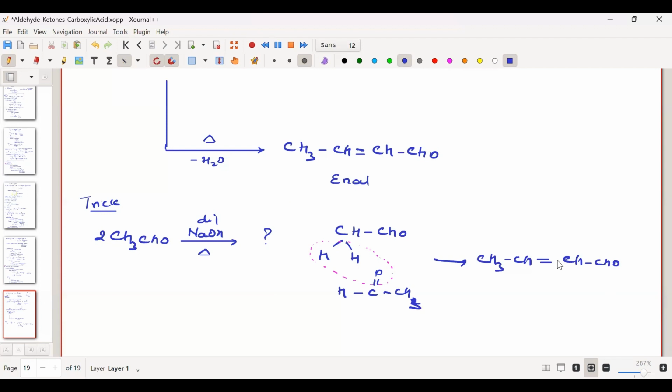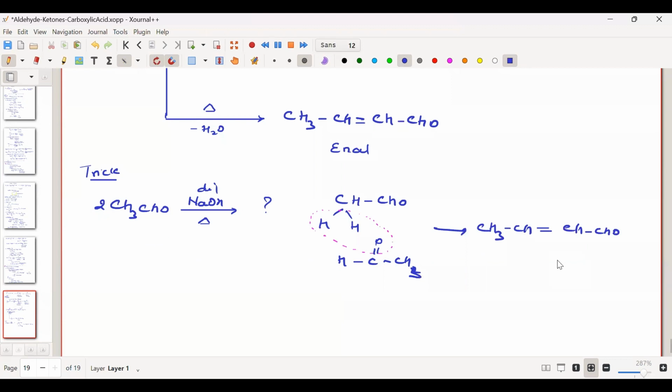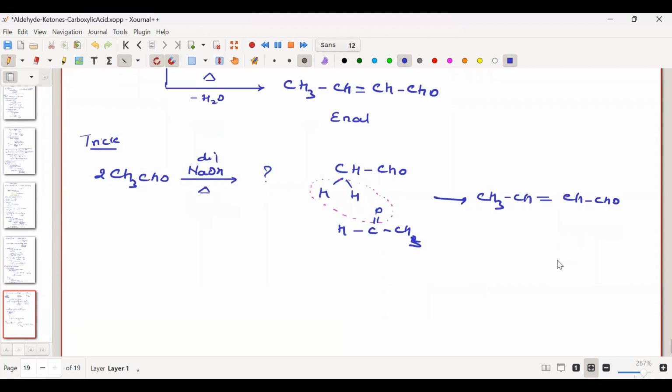Possible or not? Yes. Okay, so try and tell me: if I give 2 units of CH3, C double bond O, CH3, and I'm giving dilute NaOH and heat, what will be the product formed?